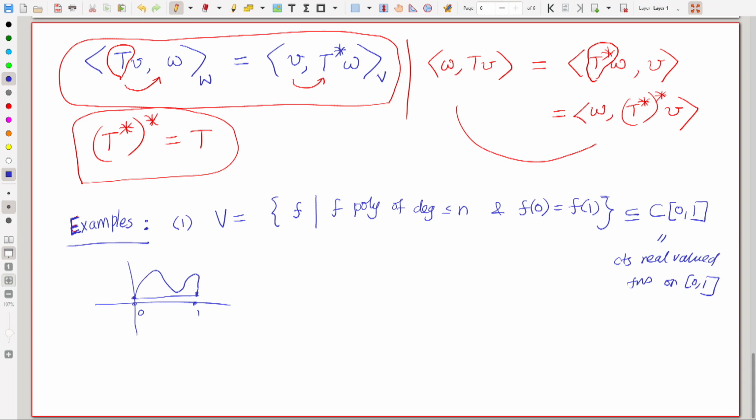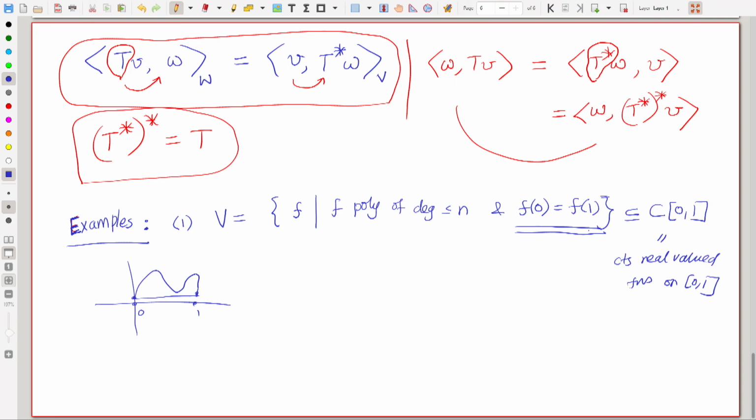Okay, so we'll see in a minute why I want all this. This is some finite dimensional vector space for sure, because the space of polynomials of some degree itself is finite dimensional, right? And this is some additional constraint, f0 equals f1. Okay, and it's a subspace, because if I add two things or subtract, or multiply by a scalar, this condition will also continue to be true, that f0 will always be f1.